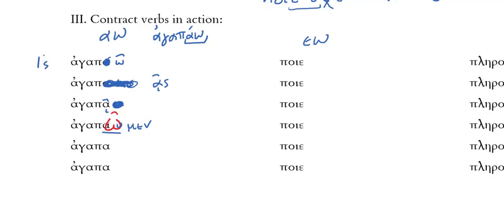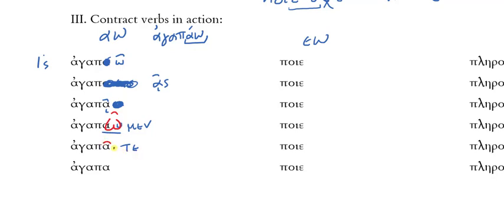Agapa plus epsilon for the connecting vowel and te. Y'all love. What's going to happen to the alpha epsilon? Which one got there first? The alpha did. So it becomes long alpha. And so what's that going to look like? Basically, we're going to get rid of the epsilon, and the alpha will be long and have a circumflex, right?